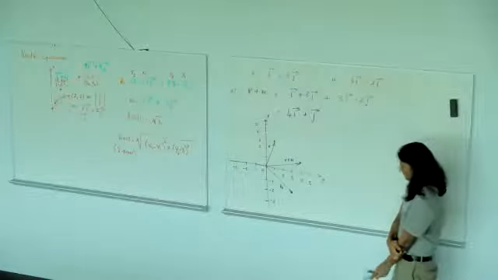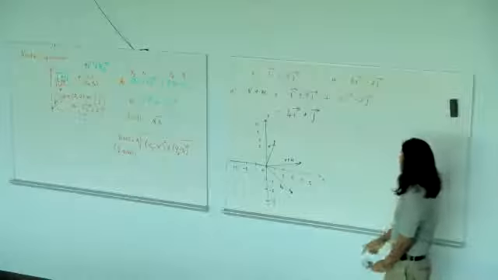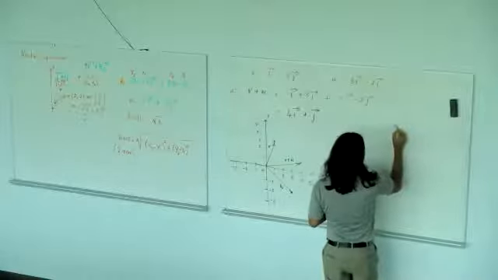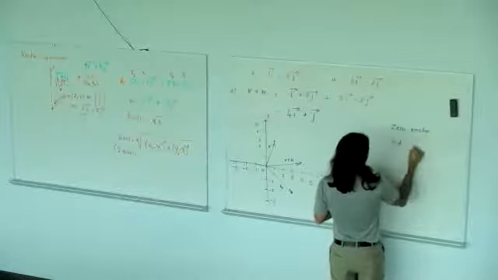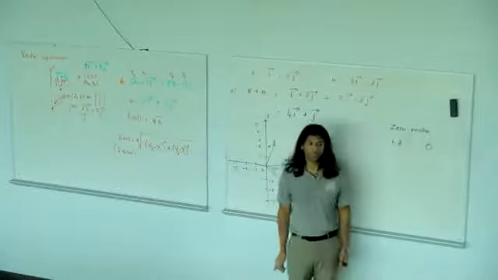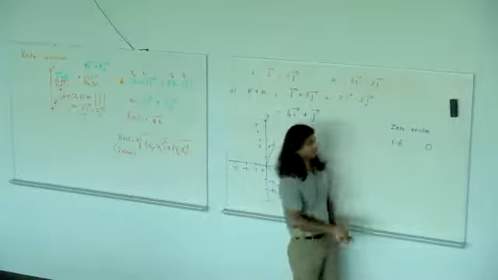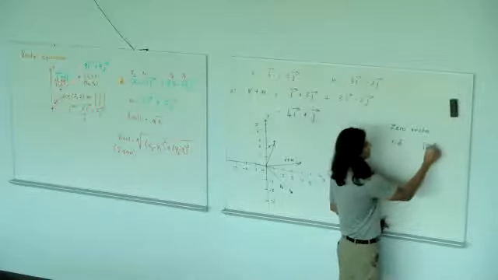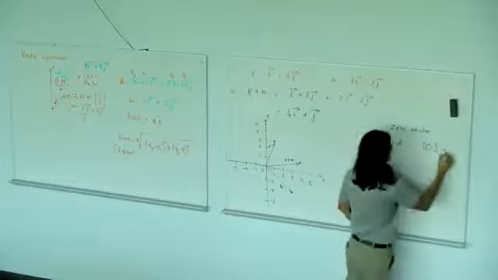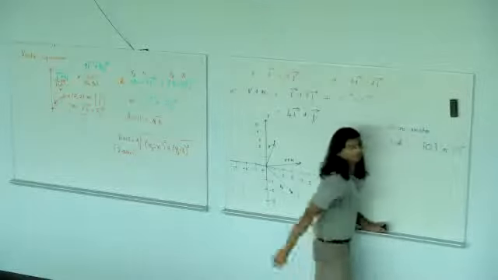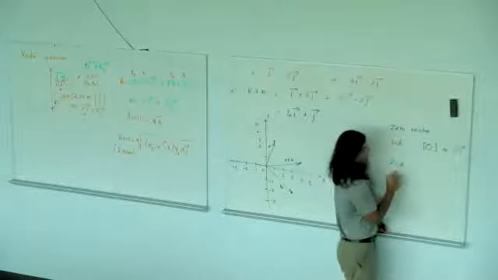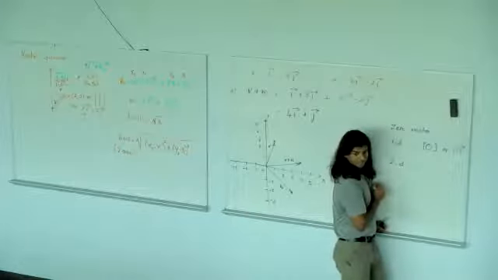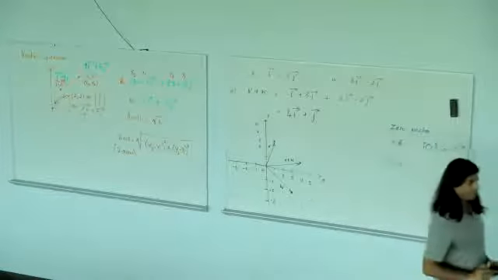The 0 vector in any dimension. In 1 dimension, it's simply the number 0. Or you can write it as 0 times the I vector. In 2 dimensions, the 0 vector is referring to the origin.